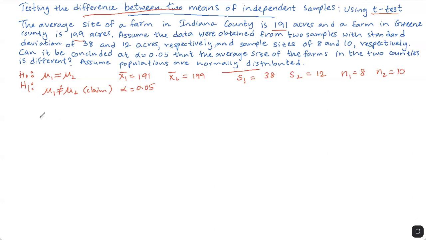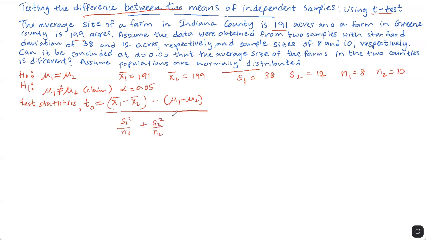So let's look at the test statistic here. Since we are using t-test, we use t-scores. So t naught equals x1 bar minus x2 bar minus mu1 minus mu2, divided by the square root of s1 squared over n1 plus s2 squared over n2. So x1 is 191 minus x2 bar 199, minus mu1 minus mu2.